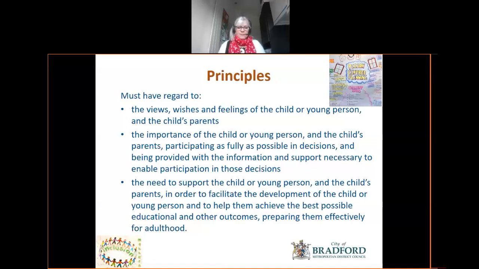Note that it is emphasised that children and their families need to be provided with the information and support necessary to enable them to participate in decision making. That means enabling them to make informed decisions by providing them with information.